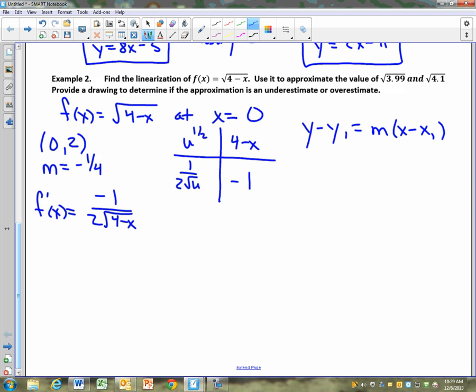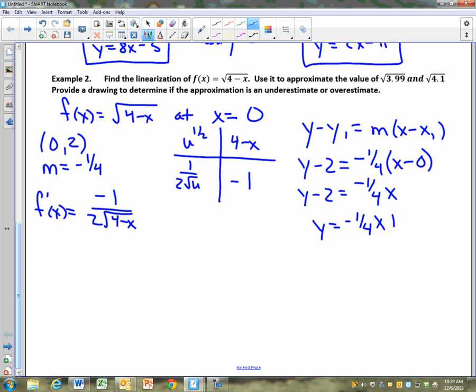So, if we plug in 0 for y, we just get, I'm sorry, y minus 2 equals our m, negative 1/4, times x minus 0. Or y minus 2 equals negative 1/4 times x. Y equals negative 1 over 4 times x plus 2.